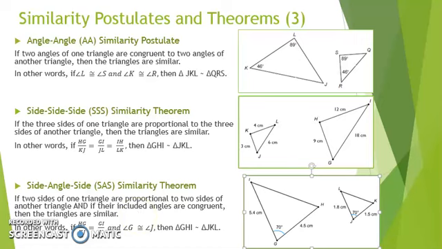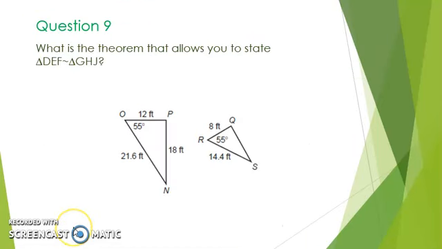That's side-angle-side. So what is the theorem that allows you to state that triangle DEF is similar to GHJ?